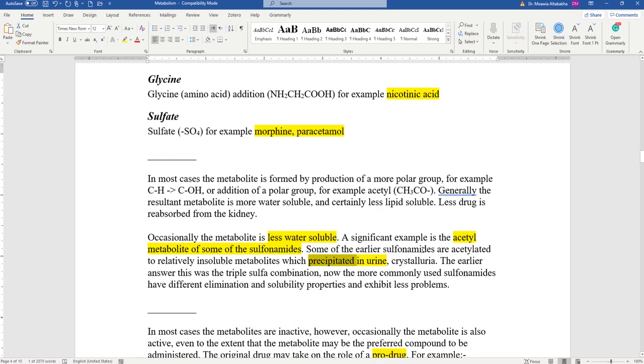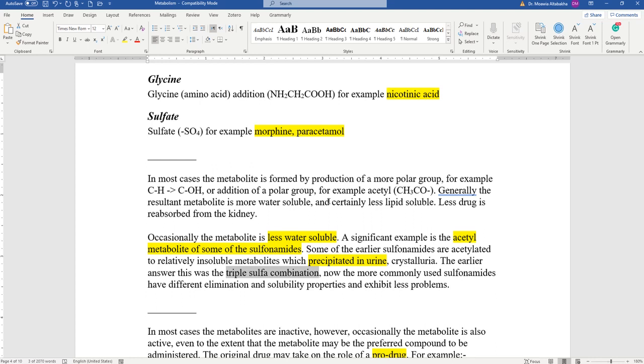Instead of using one compound in order to solve this problem, they used to use triple sulfa combination. يعني they used to use 3 different sulfonamides drugs in order to reduce the quantity of each one.